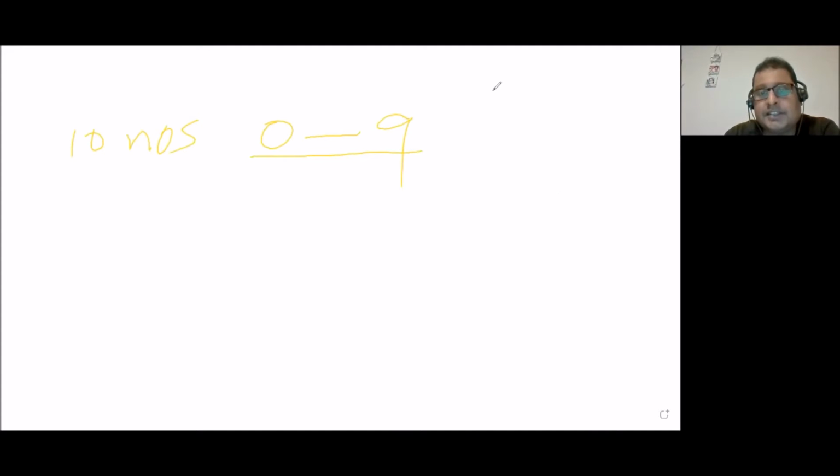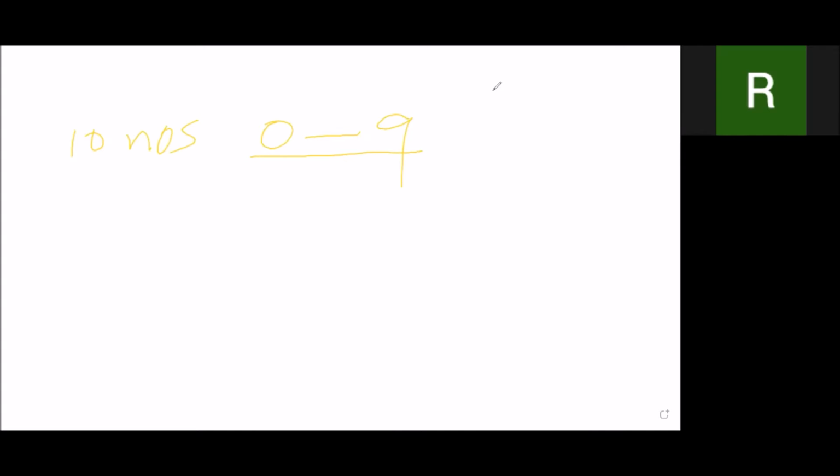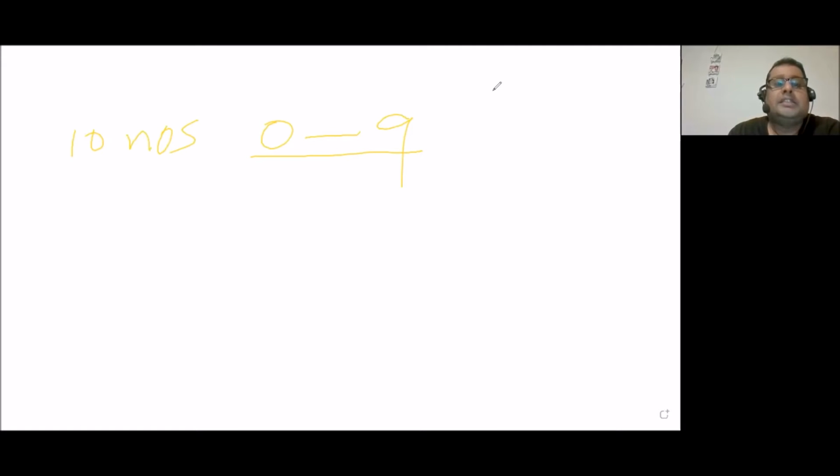A decimal number is nothing but a number derived from a combination of numbers from 0 to 9. 10 is not one of them, because 10 is a combination of 1 and 0. So 0, 1, 2, 3, 4, 5, 6, 7, 8, 9. There are 10 of these, yeah?